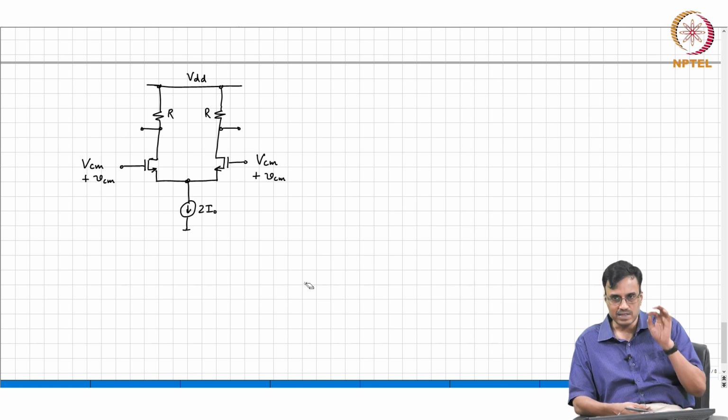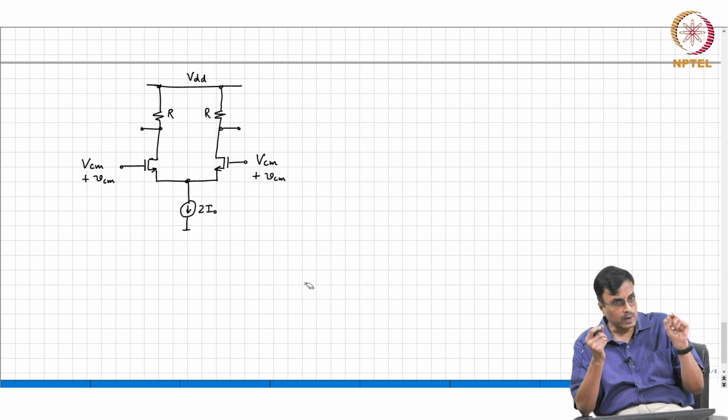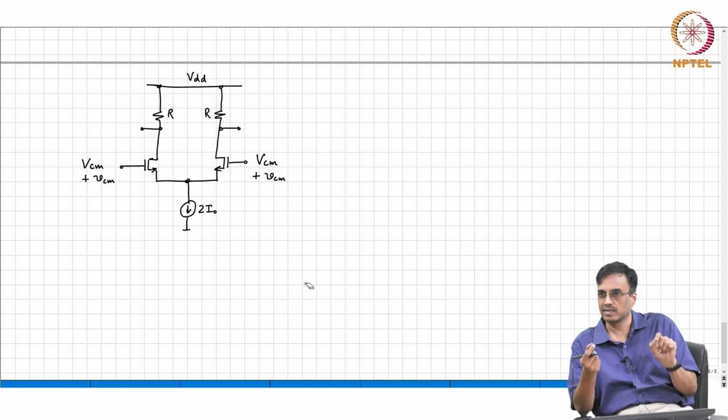When we started off, we said that this VO1 must only depend on the difference between Vx and Vy, which corresponds to the differential mode part of the signal, and it should not depend on the common mode voltage, and we are trying to verify that using analysis.